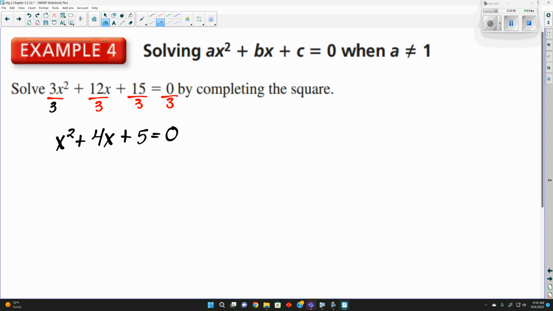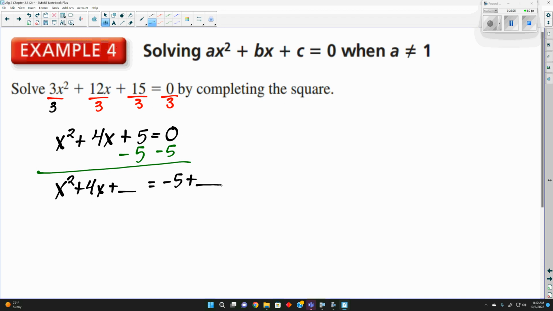Step 2, get the constant term by itself and leave 2 spaces. So here we would, which tells us we have x squared plus 4x plus blank equals negative 5 plus. Okay.